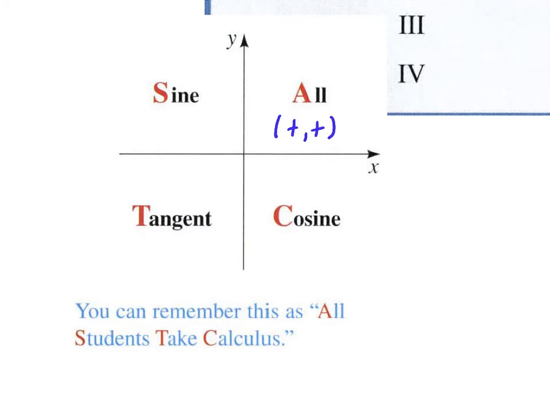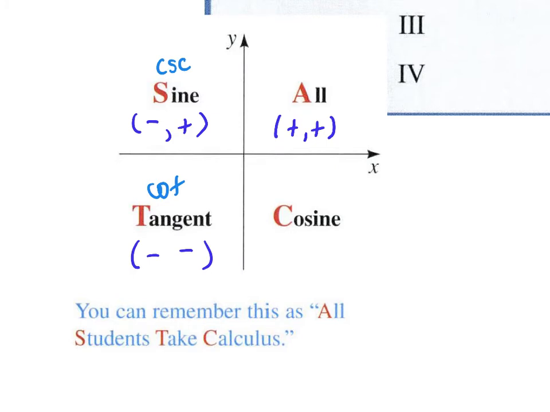In the second quadrant, what are the signs? Negative, positive. The only trig functions that are positive are sine and its reciprocal, which is cosecant. Everything else is going to be negative. Here, tangent is what? Negative, negative. So the only thing that's positive here is tangent and cotangent.